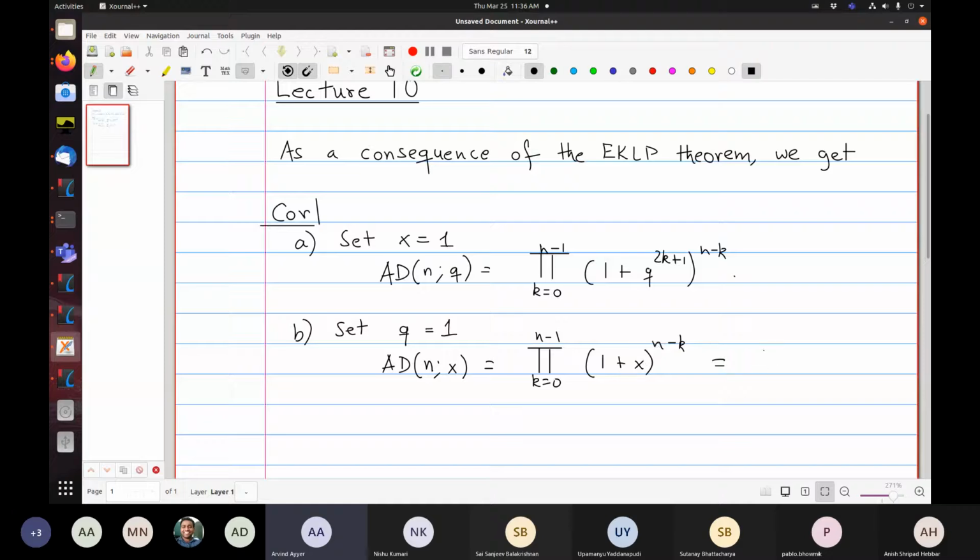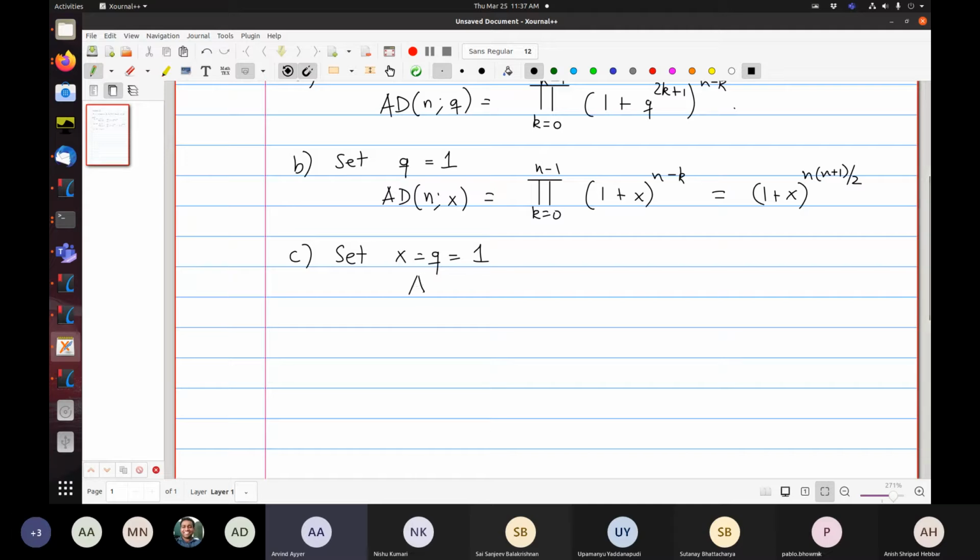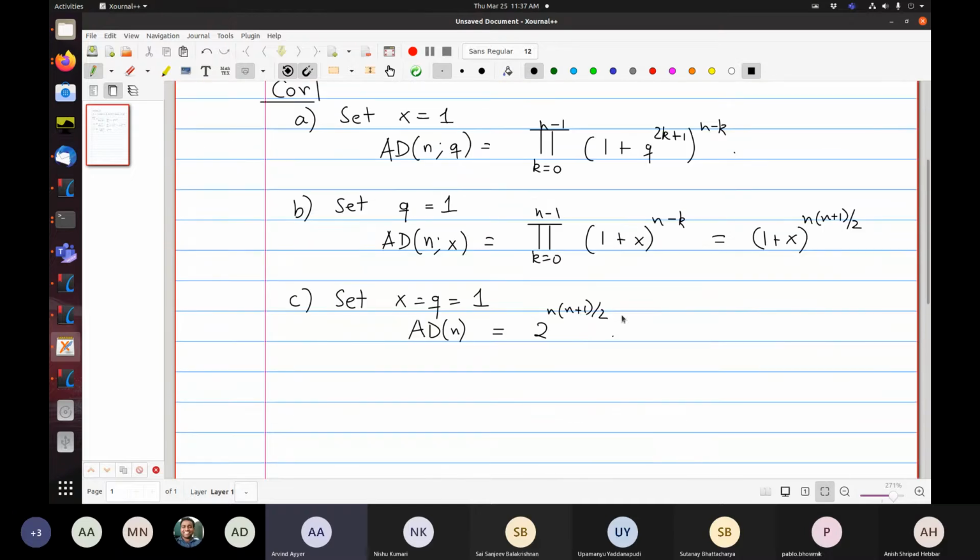So this is 1 plus x raised to the power 1 plus 2 plus all the way up to n, which is n times n plus 1. And the last corollary is if you set x and q to be 1. So now you are just counting the number of domino tilings. This is 2 to the n plus 1. So this will fall out from this theorem.